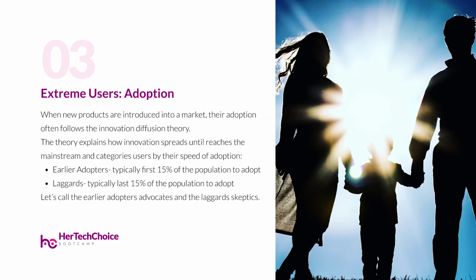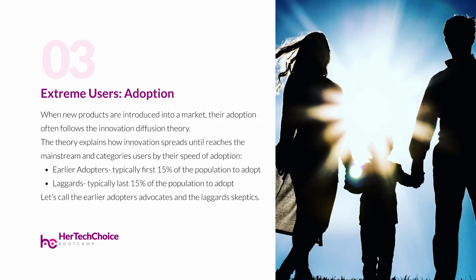When new products are introduced into a market, their adoption often follows the innovation diffusion theory. The theory explains how innovation spreads until it reaches the mainstream, which is our target audience, and categorizes users by their speed of adoption.